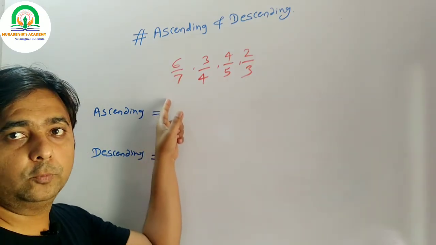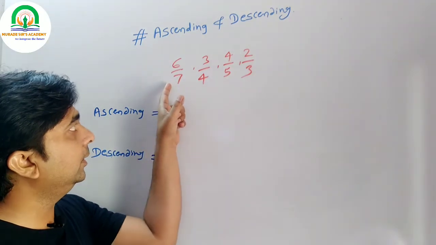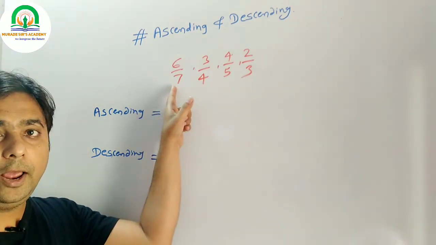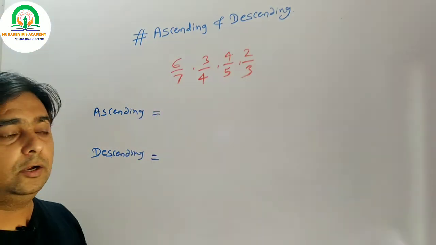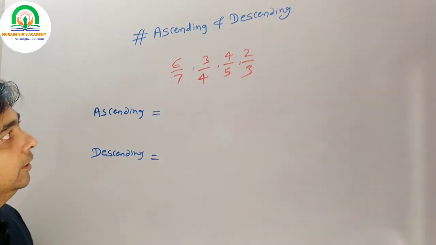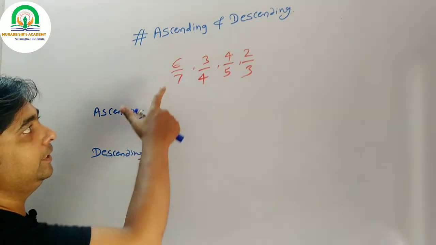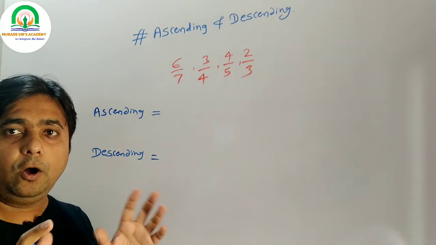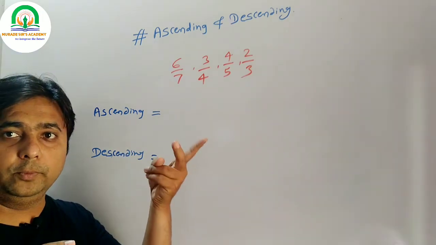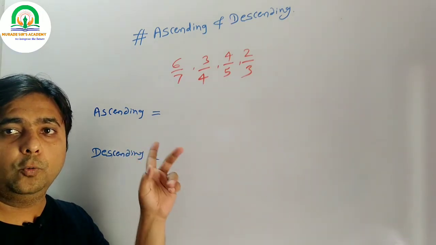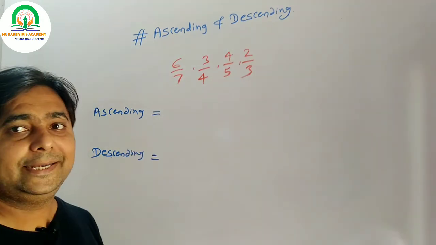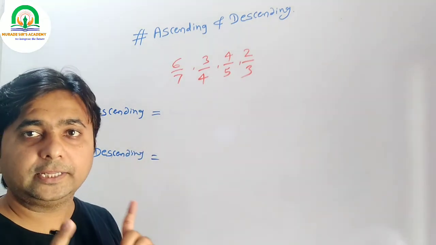If the denominator is greater than the numerator by 1, 2, or 3, then the denominator value decides ascending and descending.